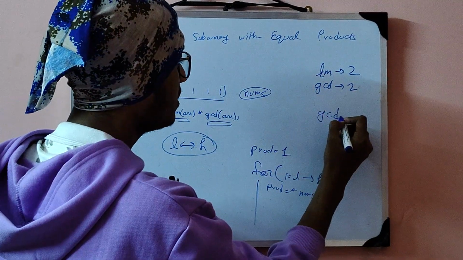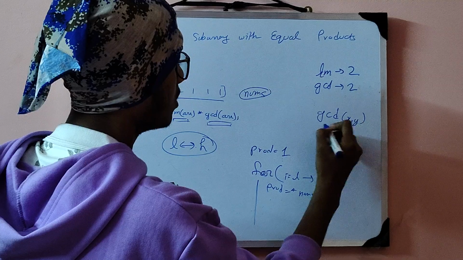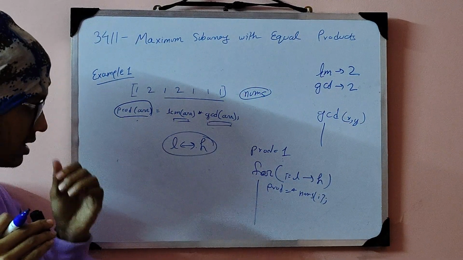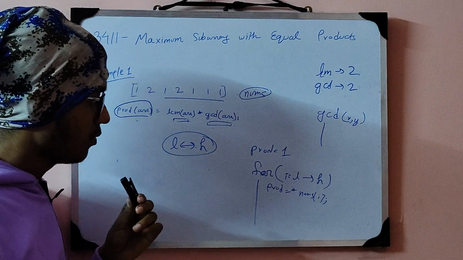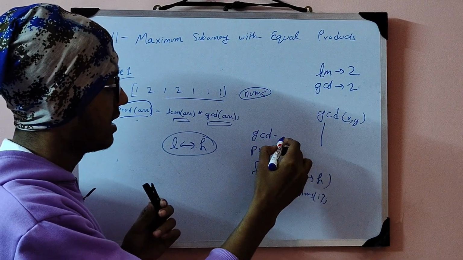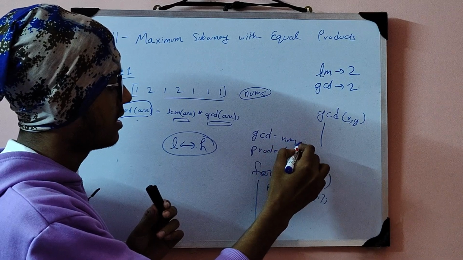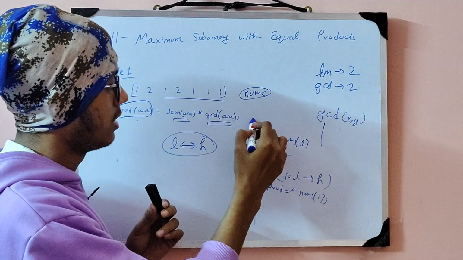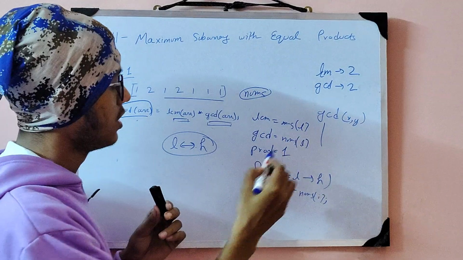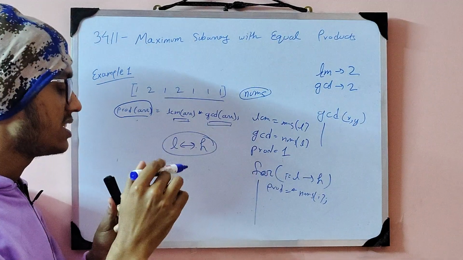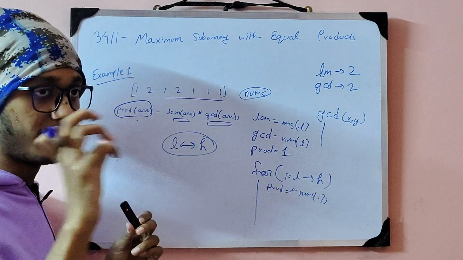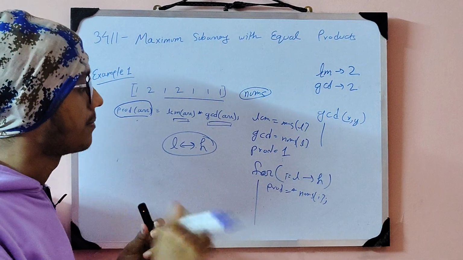And we have already made the GCD function for two numbers. What you can do is make a variable as GCD here, and this can take nums of low. LCM here can take nums of low as well. So you are initializing LCM and GCD with the first element of our subarray.